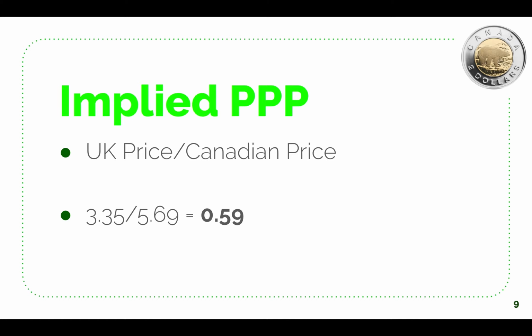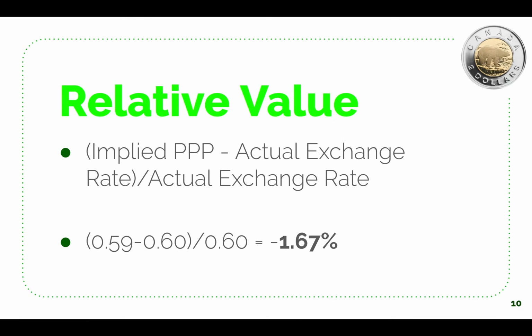So the implied PPP is 0.59. Now write it out carefully, because if you mix up the currencies, make sure it goes in the right order. So now to get the relative value, we're going to take the implied PPP minus the actual exchange rate, divided by the actual exchange rate.